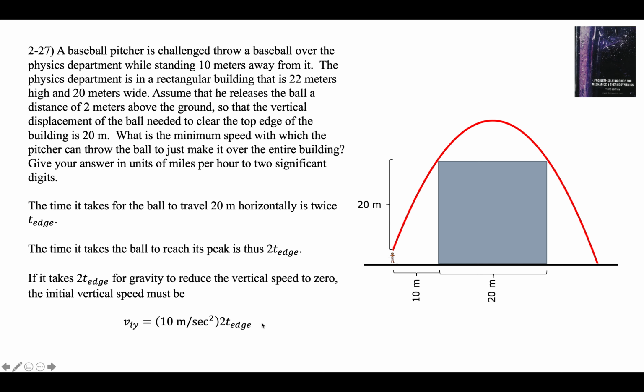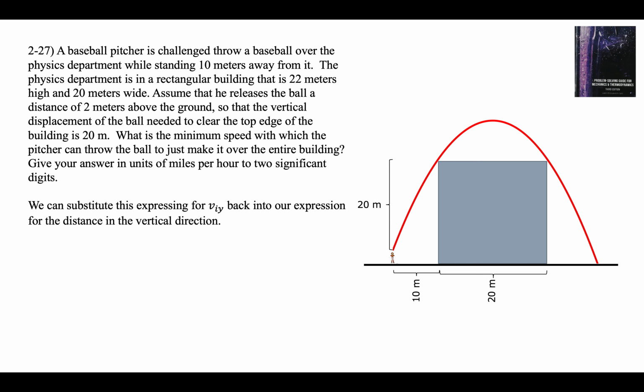It's at its peak. We can substitute this expression back into our expression for the distance in the y direction. And here's the equation, 20 meters minus acceleration, and here in square brackets is v initial y. We got this by knowing it's at the peak at 2 t sub edge.